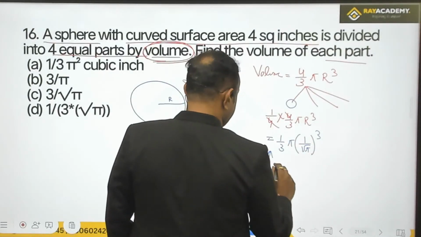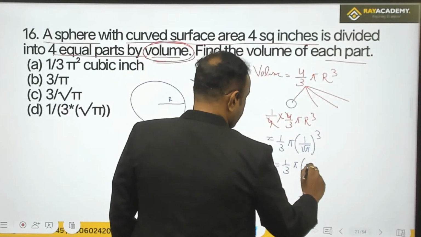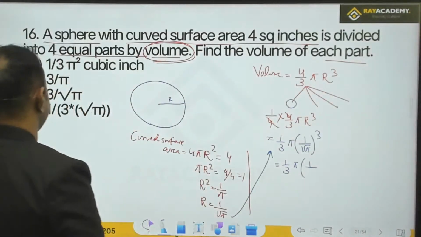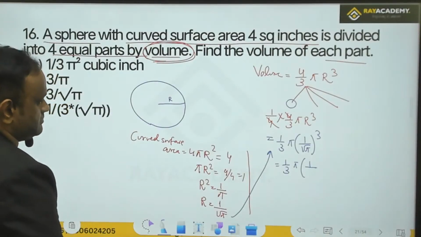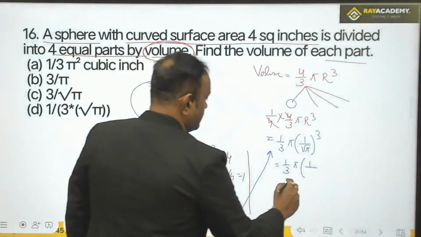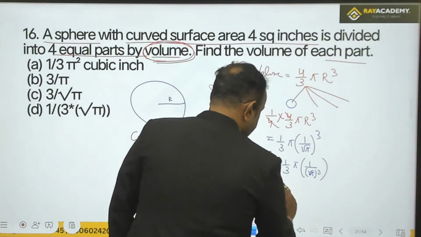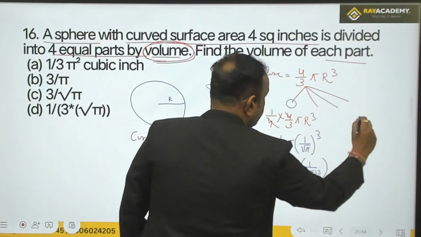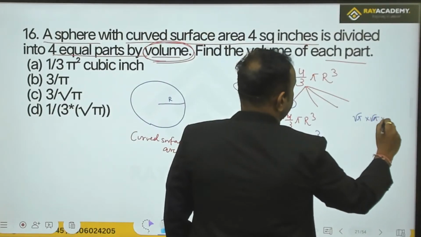Or you can solve it. This is 1 by, in this form, square root of pi. So what will square root of pi cube be? Square root of pi cube means square root of pi multiplied 3 times.